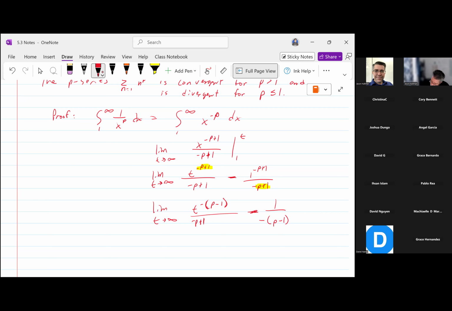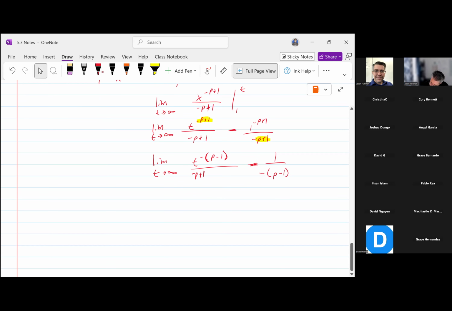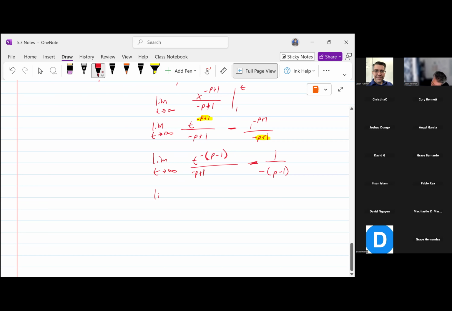So now I'm going to say the limit as t goes to infinity of, now this has a negative in front. I'm going to drop that down and it's going to become a positive.